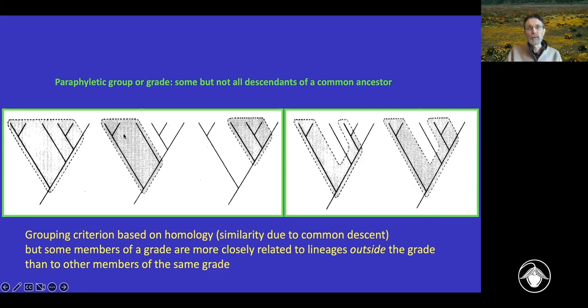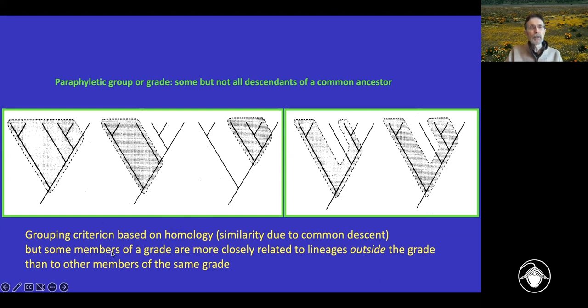And each of these 5 examples shown here are different grades where the different members of this group in each case are united by common ancestry, and that is the grouping criterion that resulted in taxonomists proposing such a group, very likely based on homology, that is similarity due to common descent.